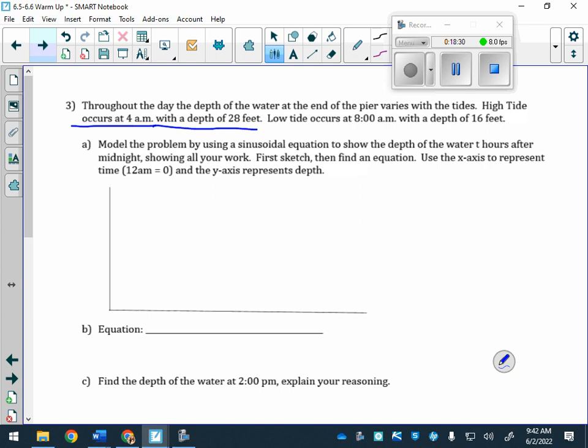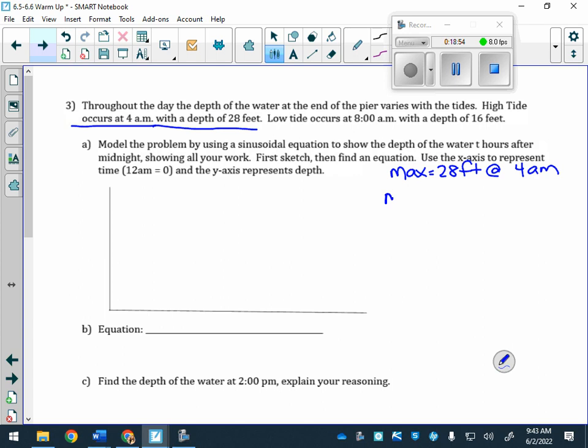So right there is our what? Maximum. So max is 28 feet, and that is at 4 a.m. Low tide occurs at 8 a.m. with a depth of 16 feet. What is that? Minimum.